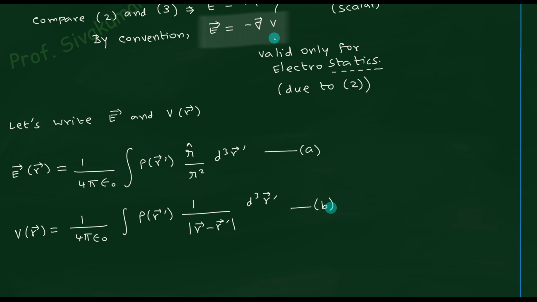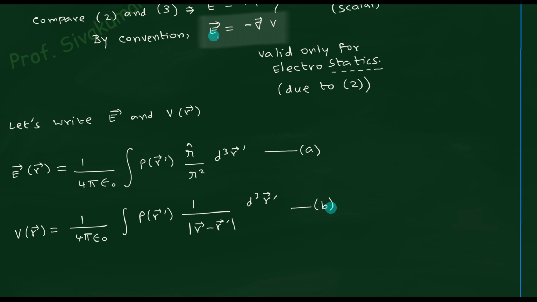The point to be noted is that the expression for the electric potential written in this particular fashion will be generally applicable for static conditions, whereas the expression written for the electric field is generally valid for all conditions. That means if rho of r is fluctuating, then you'll have a fluctuating electric field here. That will be taken care of, but that will not be taken care of in the case of the electric potential because of the assumption.